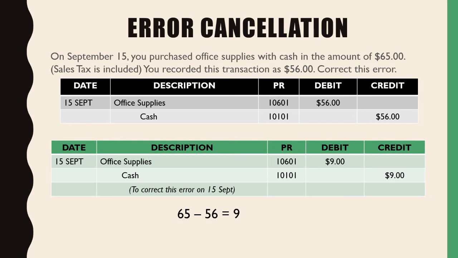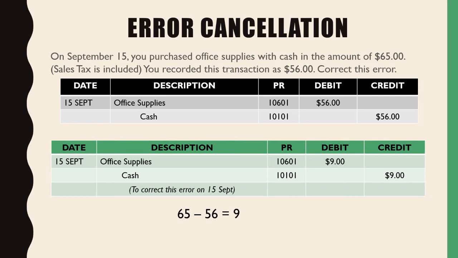So in this case, I have $56 worth in my supplies, and I've spent $56. So I am short in my office supplies because I'm supposed to have $65 worth.